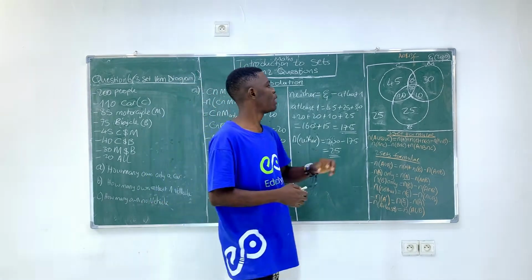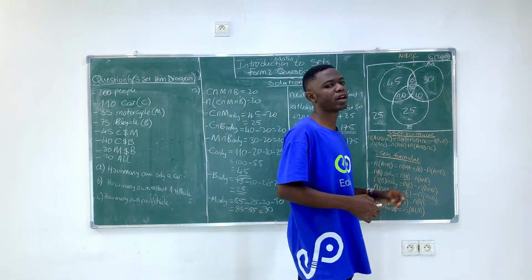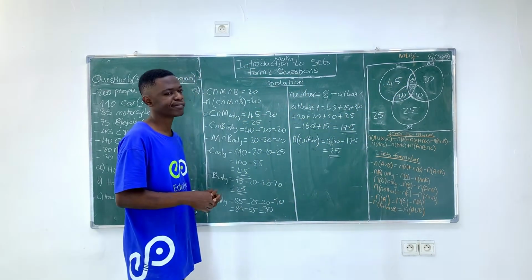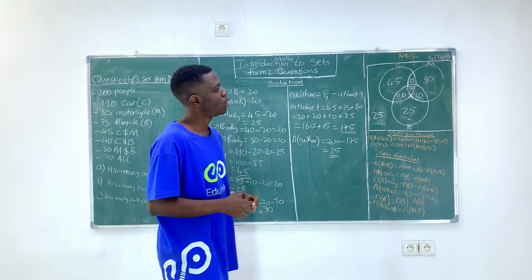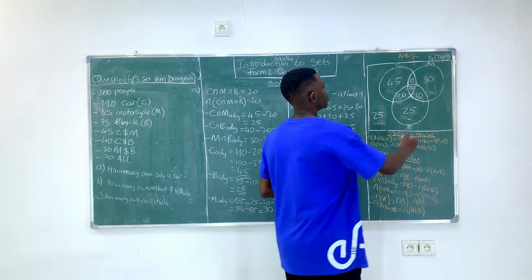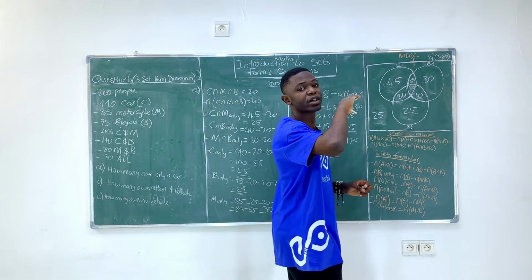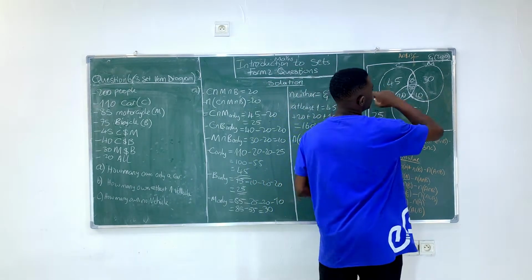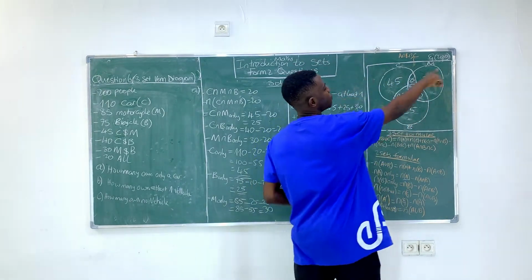And you will see that if you sum everything inside this Venn diagram, you're going to have 200. So when doing the Venn diagram, make sure that when you sum everything here, that's kind of a verification to make sure that all of your answers are correct. You make sure that when you sum everything one time, you have 200.